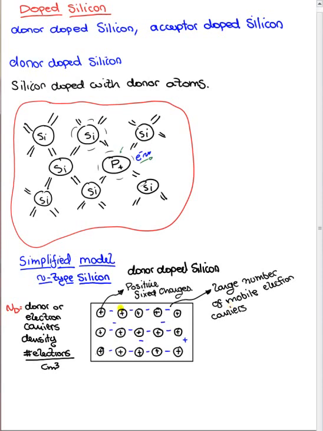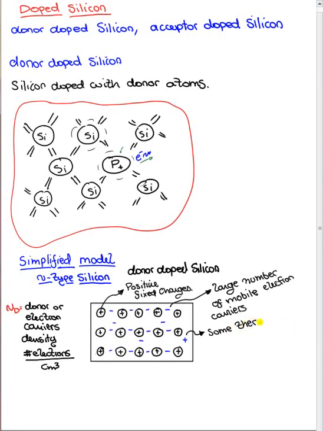Right? And so the positive fixed charges are due to the phosphorus atoms that are now positively charged, that cannot move around, and then the electron carriers are due to that extra electron that phosphorus is donating to the lattice that can move freely around the silicon. And if you note here, there is a positive charge that can move. Remember this is a semiconductor, right?